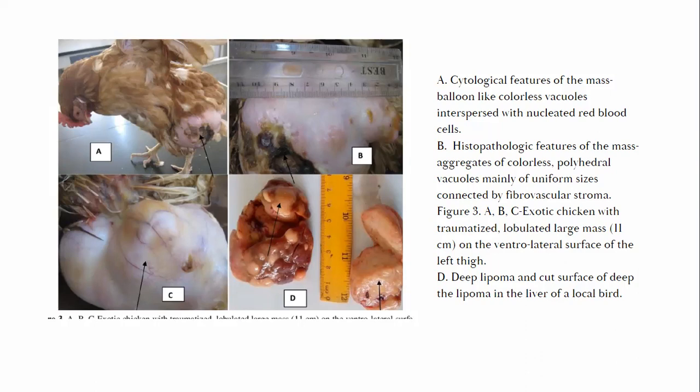This picture, so first, letter A, the cytological features of the mass: balloon-like colorless vacuoles interspersed with the nucleated red blood cells. So, meron siyang cutaneous na parang balloon-like na ano.